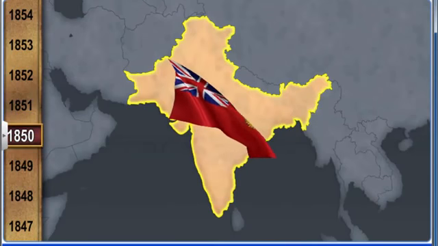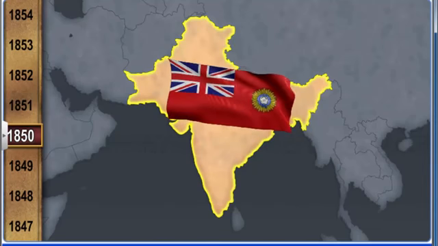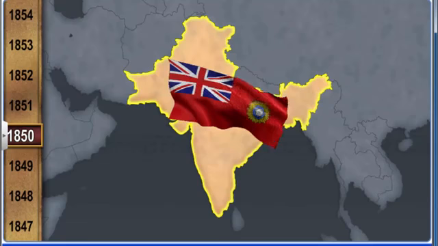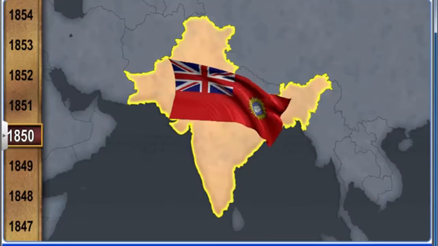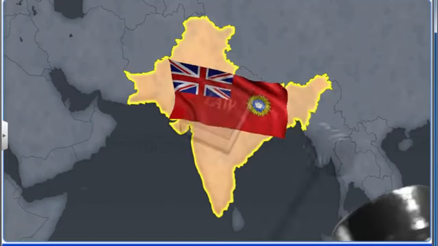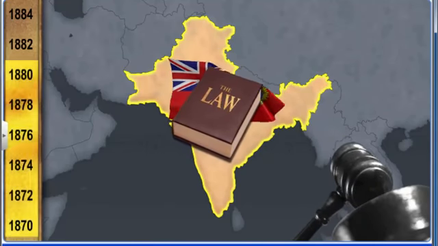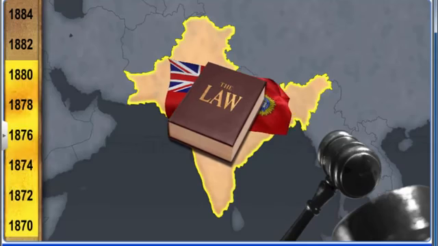Almost all Indians felt that the British were controlling their lives and resources. They now wanted independence from the British. This intensified in the 1870s and 1880s with new laws imposed by the British.